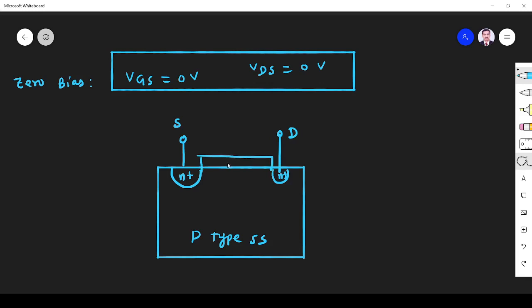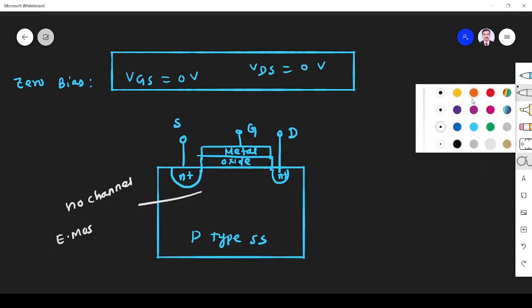Next, oxide, and metal. From there I take the gate. As we know, there is no channel present initially. No channel. That's why we call it EMOS, enhancement MOS.